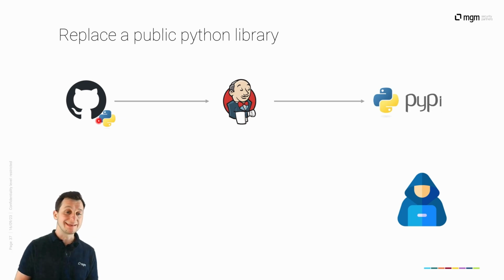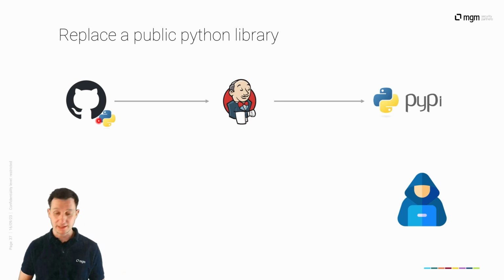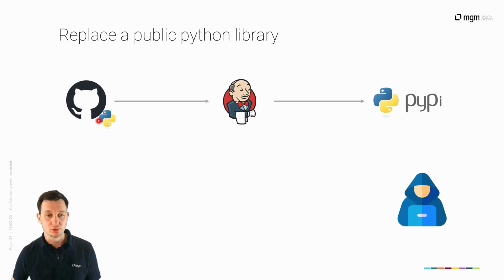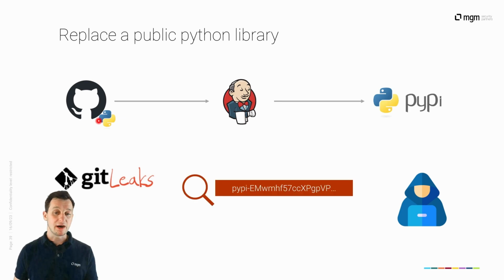And anywhere in the version history, we can maybe find a secret. So what an adversary could do is just use a tool like Gitleaks. And in the best case, like in this case here, he or she would find a PyPI token, a PyPI credential or secret, to have access to PyPI.